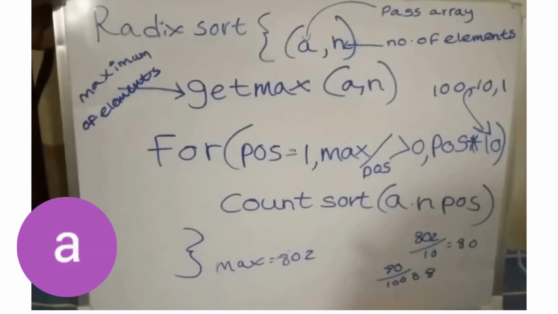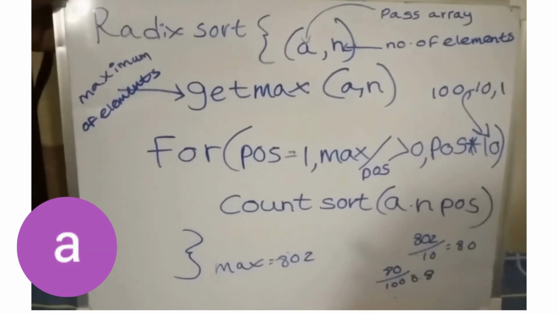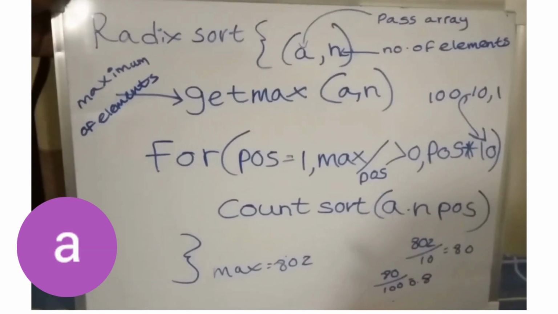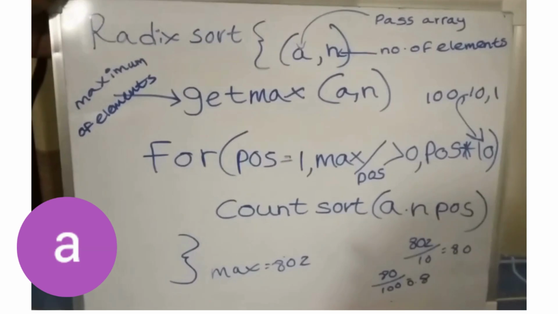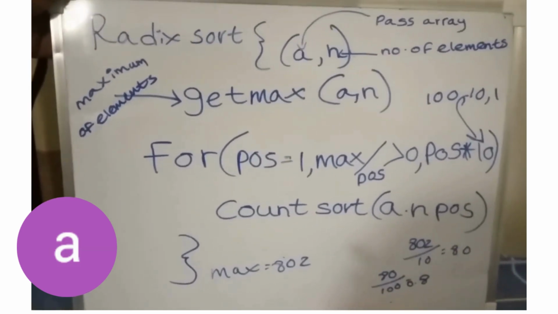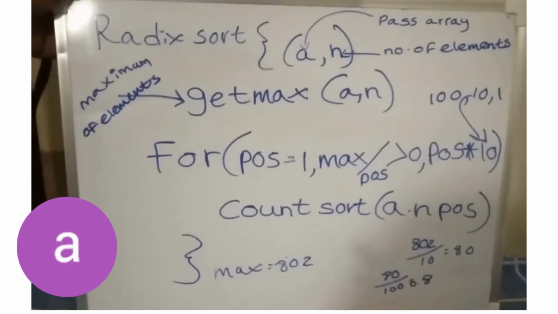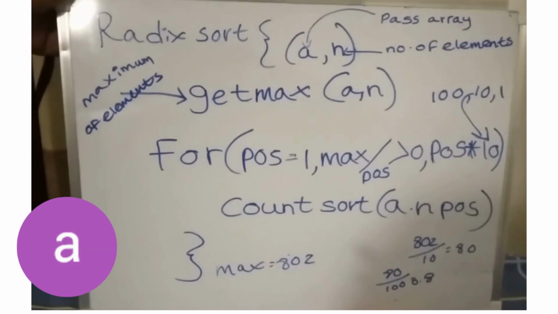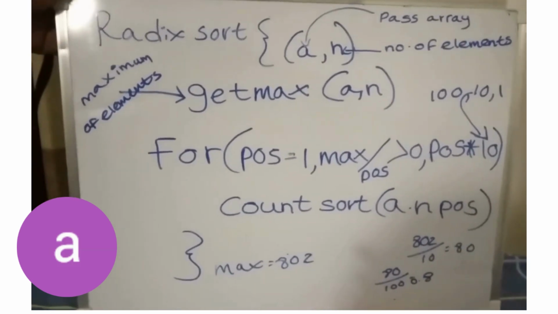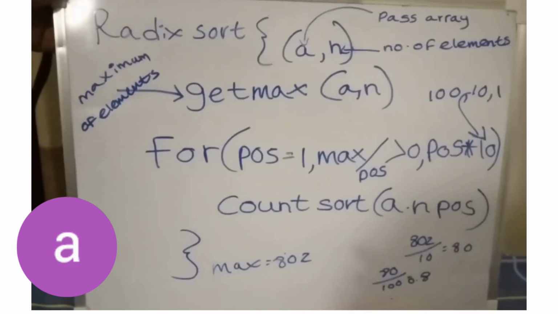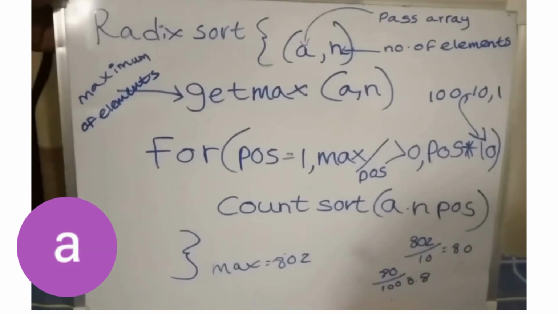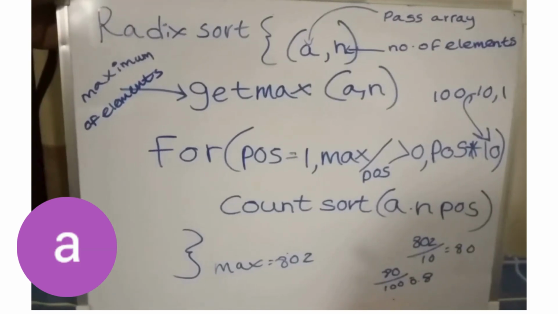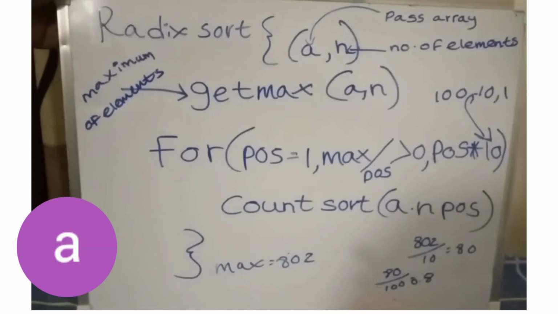Then we get a count for the sort. Then we execute the loop. Then I'll tell you how the number is calculated. In our example, 802 is the maximum number.